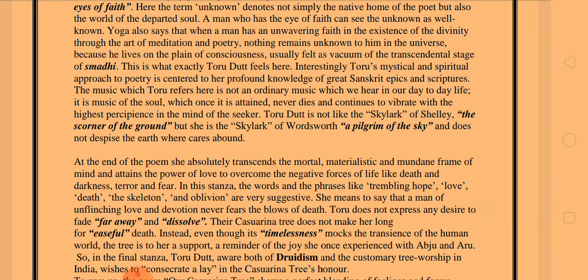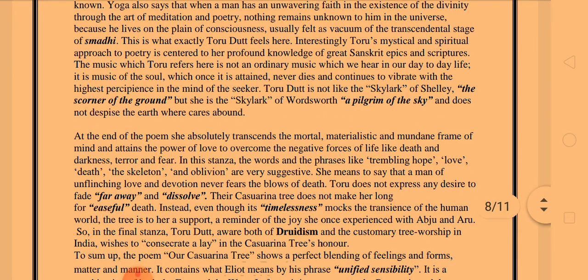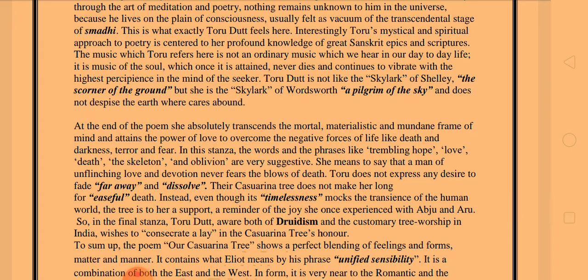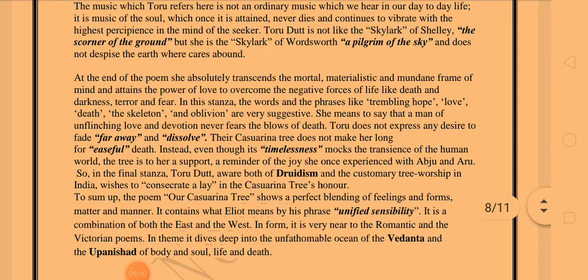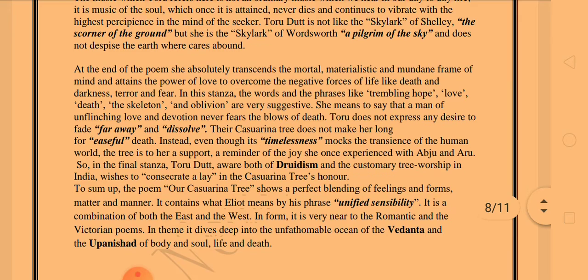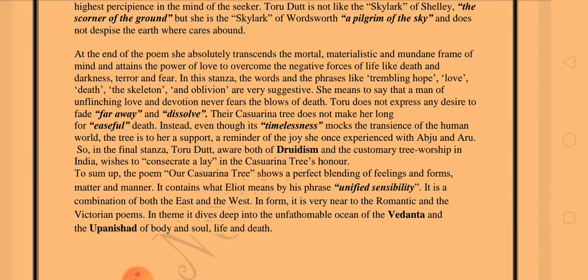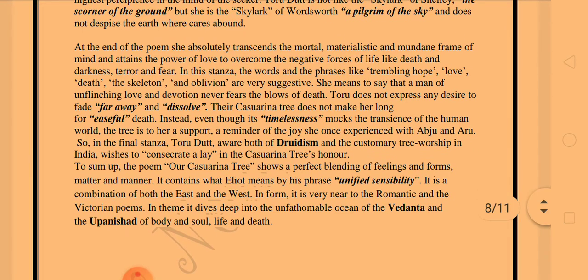At the end of the poem, she absolutely transcends the mortal, materialistic, and mundane frame of mind and attains the power of love to overcome the negative forces of life like death and darkness, terror and fear. In this stanza, the words and phrases like trembling hope, love, unflinching love, and devotion never fears the blows of death.